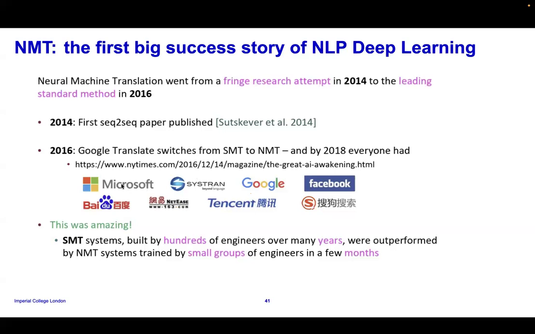You can see even Facebook, Microsoft, Google, they were using Seq2seq. This was amazing: SMT systems built by hundreds of engineers over the years were outperformed. That is statistical machine translation. So this is a big deal. Just in 2016, people adopted neural machine translation because of this success from the Seq2seq paper.